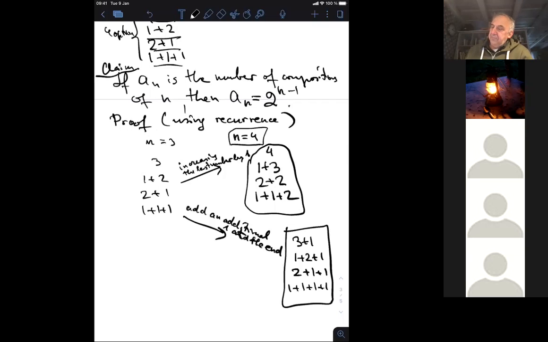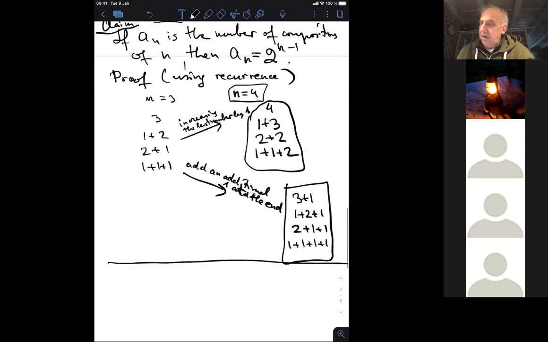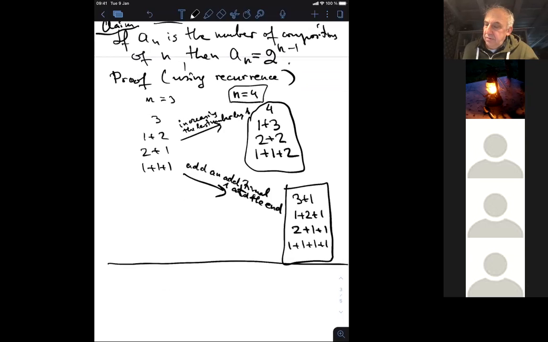So in this way, we can show that these 2 procedures are enough to generate all compositions of the next number. And also it's easy to observe that these 2 operations lead to non-intersecting compositions.